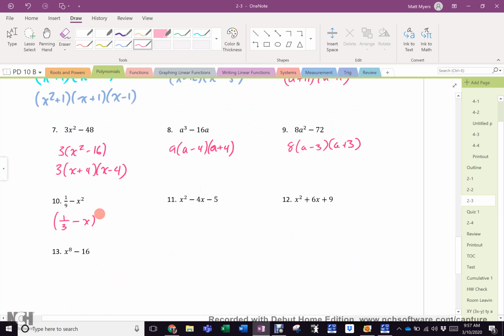I would just put the 1/3 first. Nice. Number 11, Gideon. Number 11, that's the one I didn't finish. X plus 5, x plus 1. X minus 5, x plus 1.